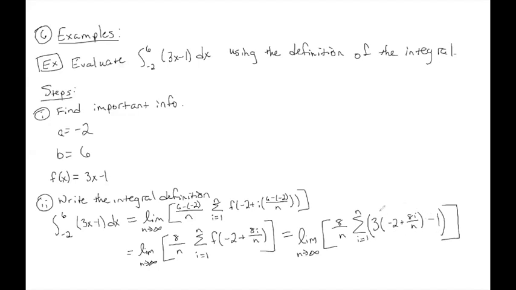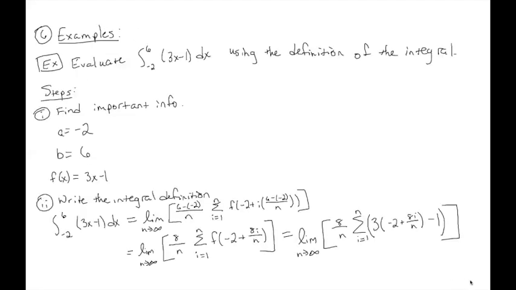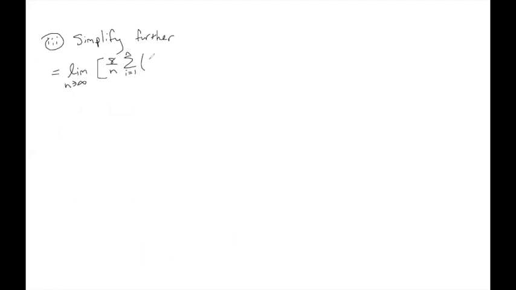Okay, so let's make this look a little bit better. 8 over n has to stay. Let me just write what I have so I don't lose it. Limit as n goes to infinity, 8 over n, sum I equals 1 to n, three times -2 plus 8I over n, minus 1. Great.